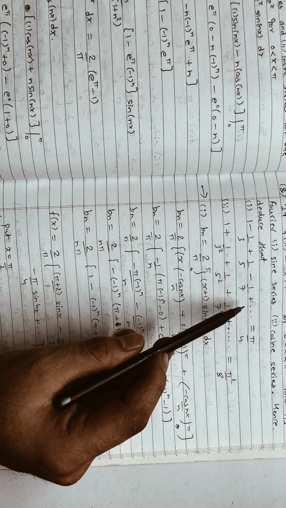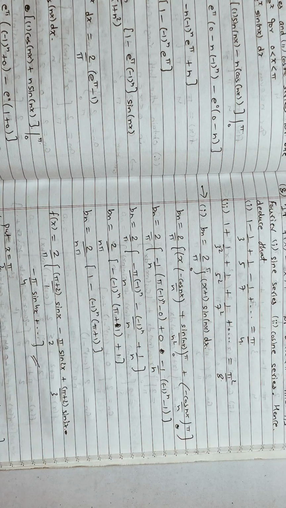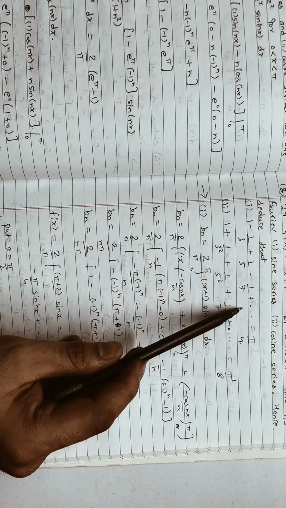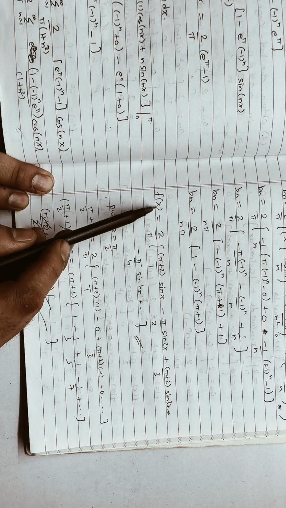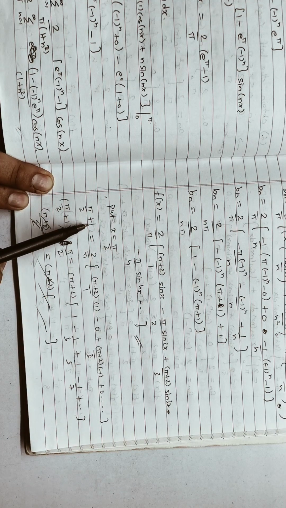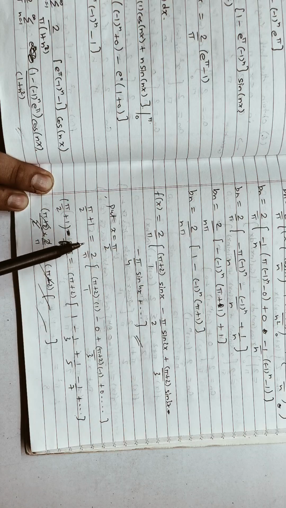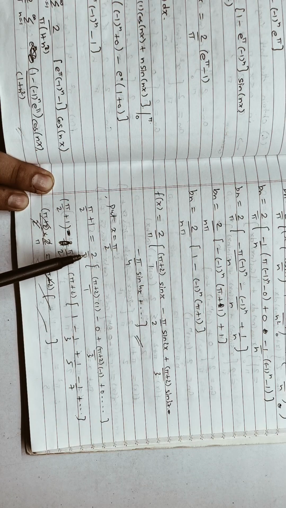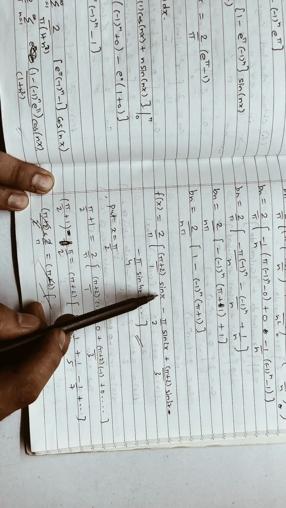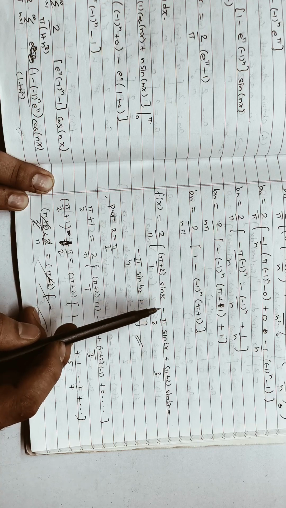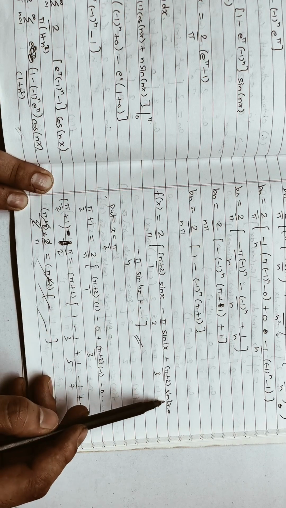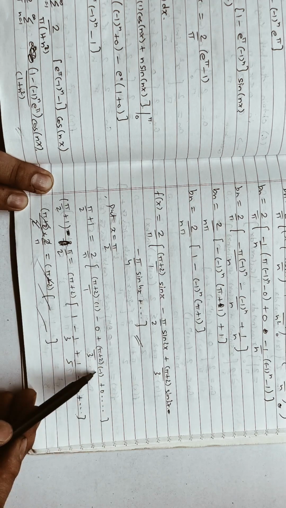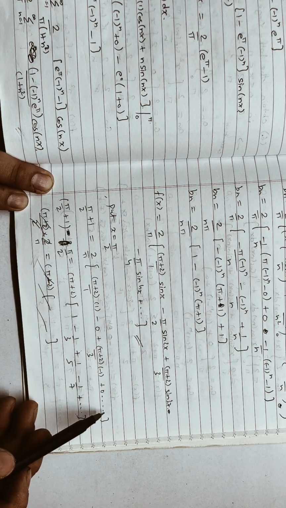So to get this relation, I will put x equal to pi by 2. So this will give me f of x is equal to pi by 2 plus 1 at x equal to pi by 2, and it is equal to 2 upon pi. Here only odd terms will remain and even terms will be equal to 0. So this will give me 1, this will give me sine 3 pi by 2, which is minus 1, up to infinity.